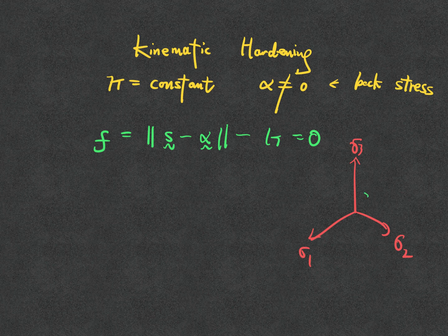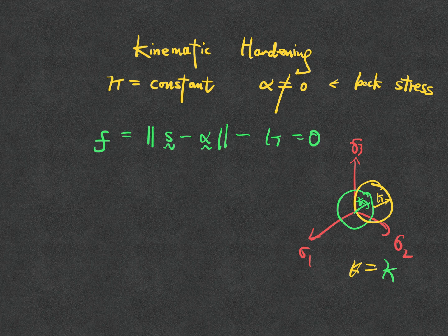My initial yield surface could be a circle like this. My new yield surface is actually here. However, the radius kappa, and this kappa, are identical. So kappa equals kappa in both cases. Okay, does that make sense? What it shows is the following. Let's consider a 1D case.